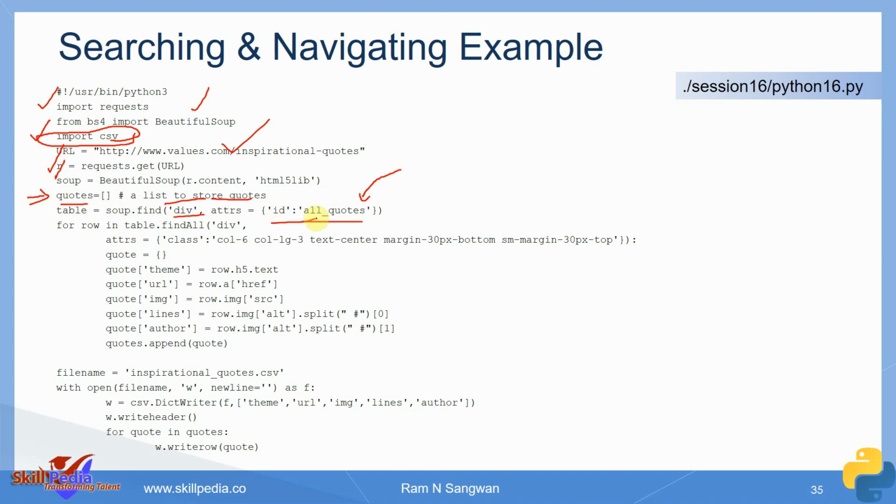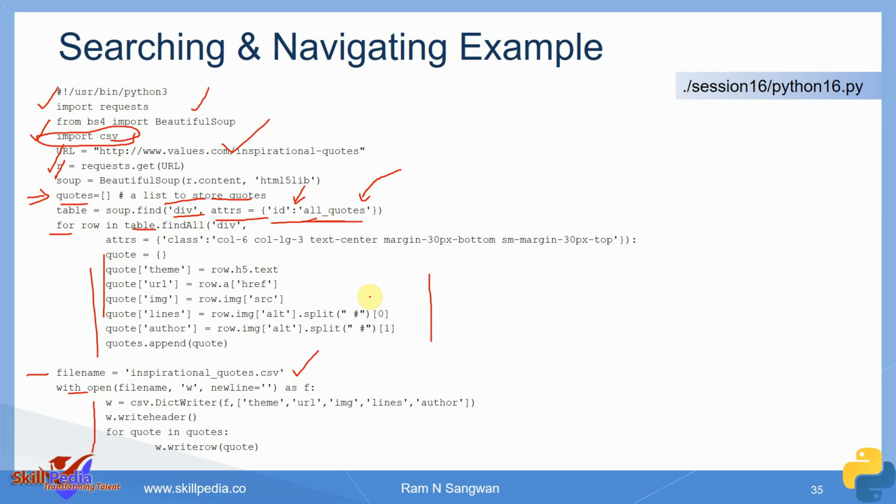That is the HTML tag, and these are the attributes. We want to search all the HTML tags where the id or class of the tag is all_quotes. Then one by one fetch all the rows and put them into the table. Create a row and then write them into the CSV file. Open this file and write the data.